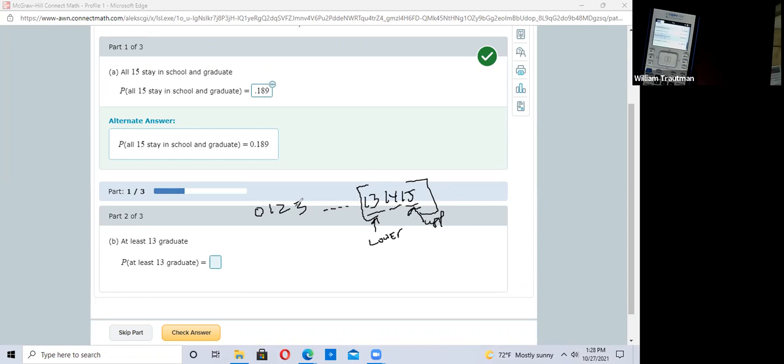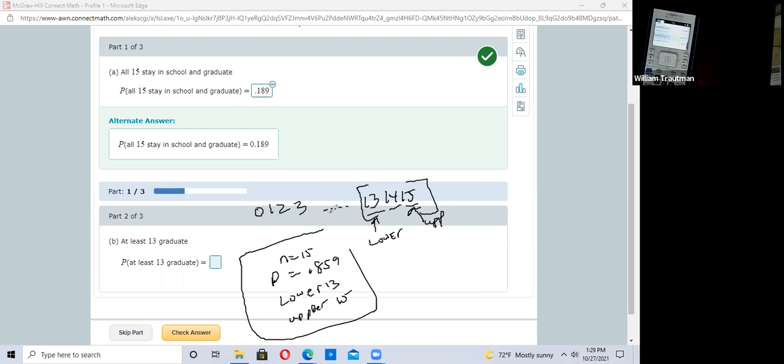We're going to do the same thing. N equals 15. Probability equals 0.895. But then we have the lower and the upper. Lower is 13. Upper is 15. So we have to put this in our calculator. Menu 55B. And 15 is N. Success is 0.895.